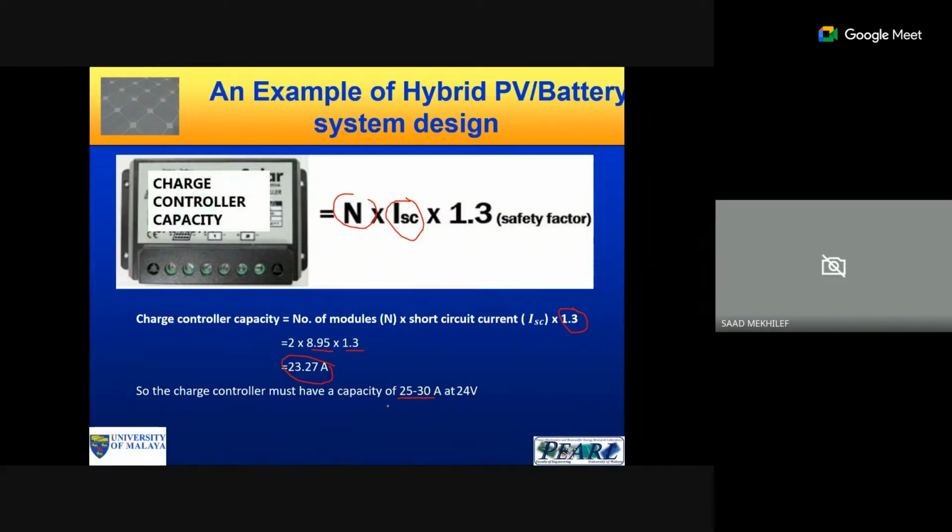For example, if you are using 10 panels, you need a different charge controller, because the sizes differ. The charge controller depends on the number of panels, since it connects the panels to the battery. That's how it charges. Otherwise, how is it going to charge the batteries?